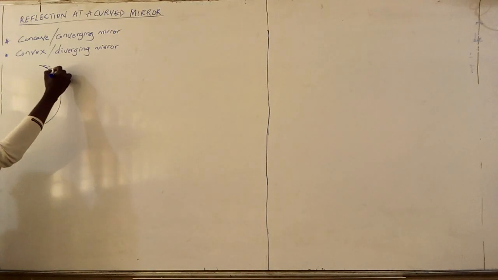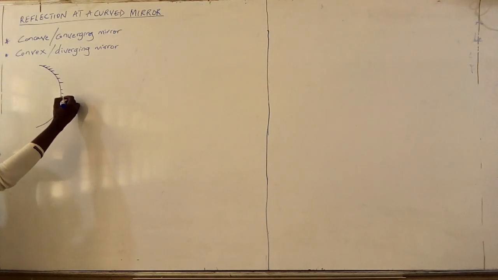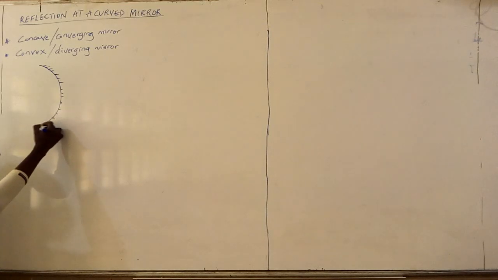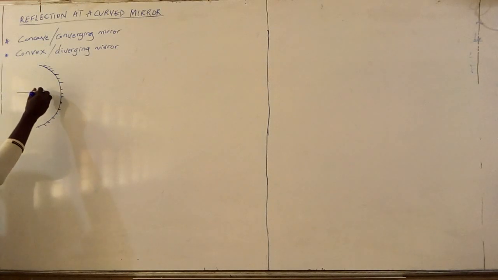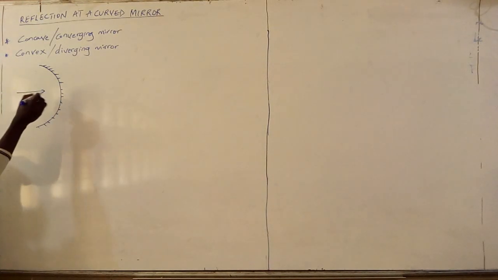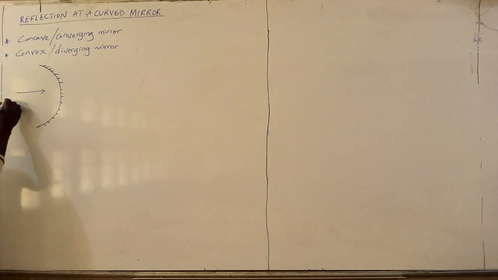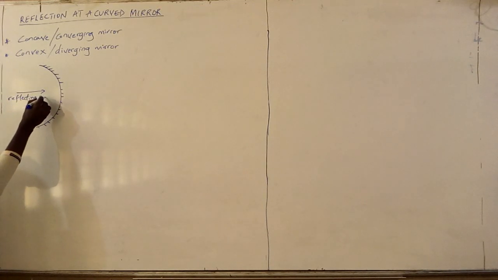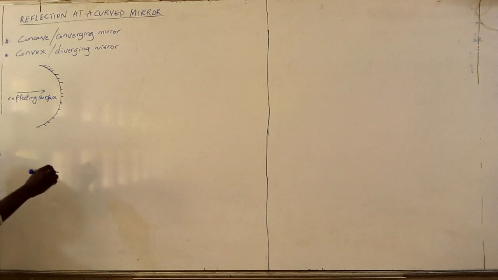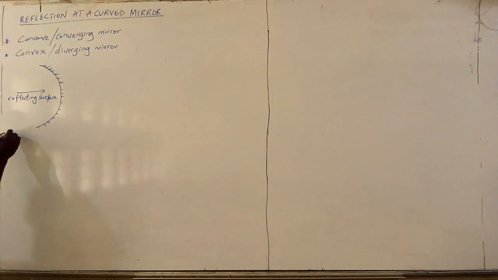If I shade this side, this is the blunt side of the mirror. That means the reflecting surface is curved inward. So this is the reflecting surface. Beside this one is concave.